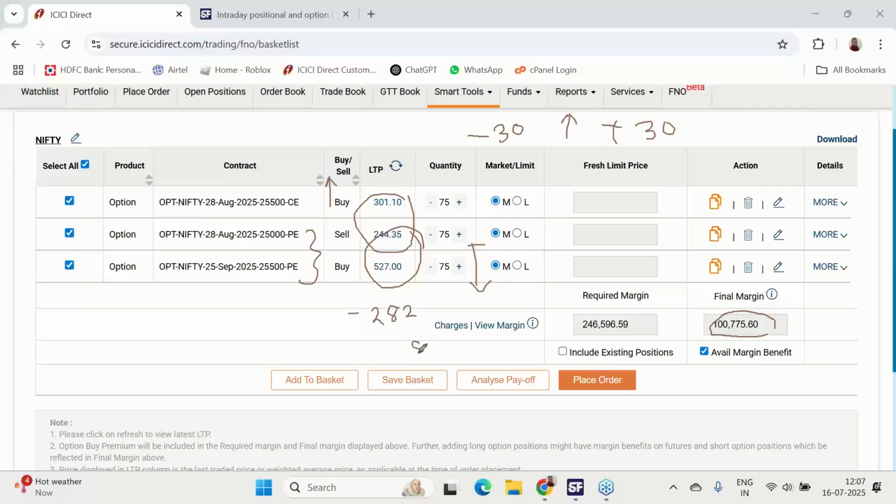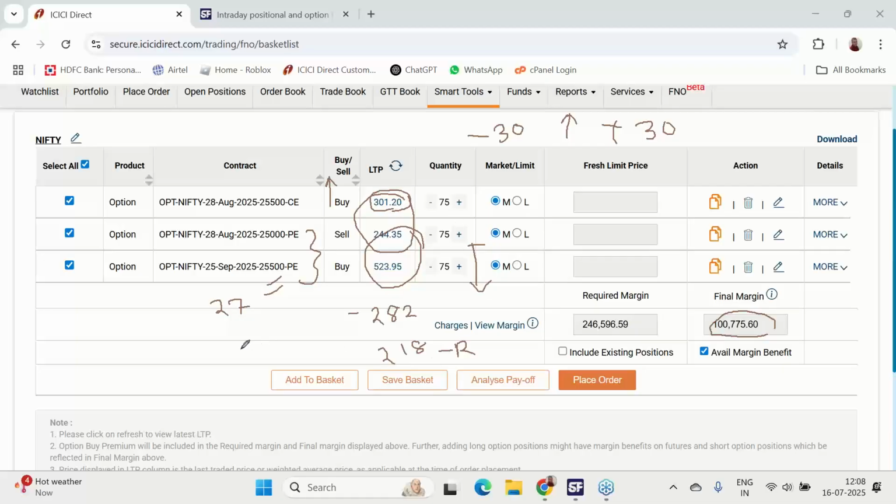You have 300, so 218 rupees as a reward, 280 rupees, 82 rupees as a risk. However, this risk will not trigger because this option has 27 days of extra life. Coming to the call option, it has a 301 rupee complete risk.